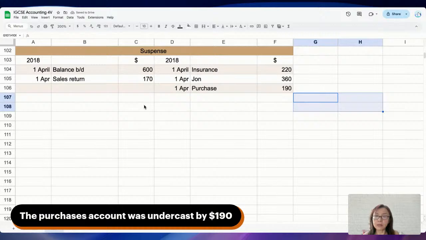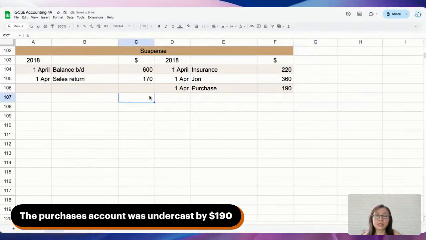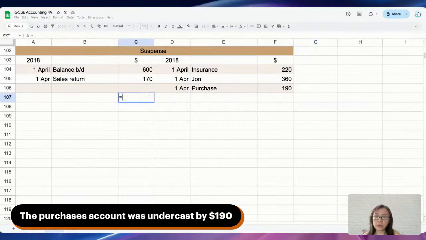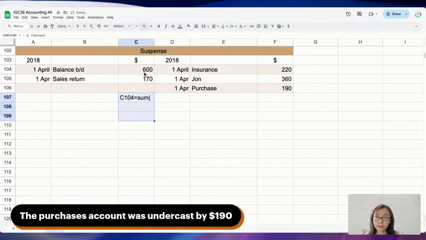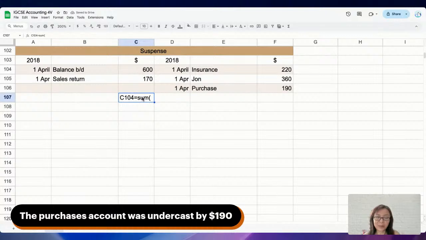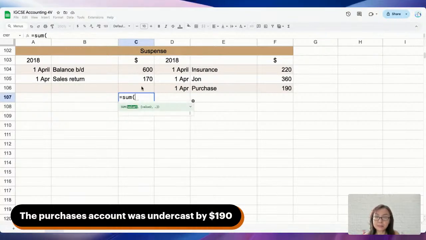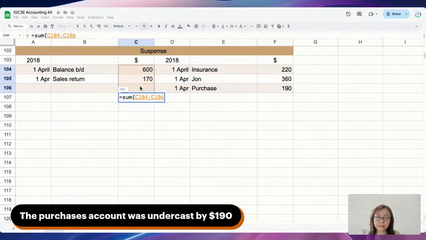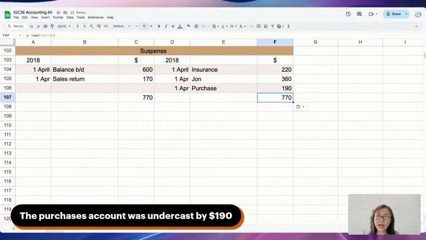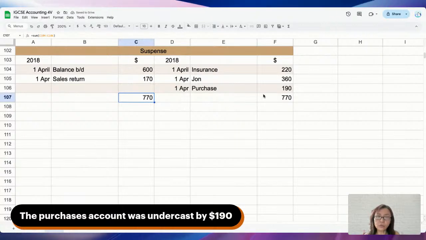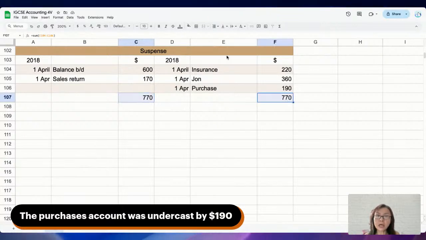Okay, so now let's have a total of it and check whether what we did is correct or not. So the sum, oops, sorry, the formula is wrong. So sum, okay, let's have a look over here. Ta-da! So these two totals, the suspense account of this T account, are balanced.